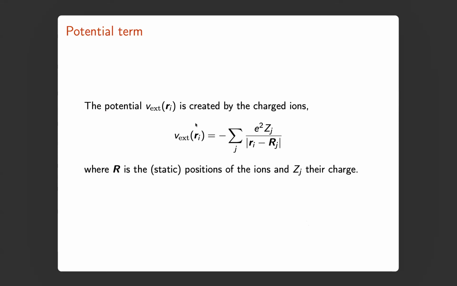So the external potential, as we have seen before, in atomic physics and molecular physics is normally given by the charged ions which you have. So you would have an ion at a position rj, and then you have this electron ri, which sees the charge set up by the background.